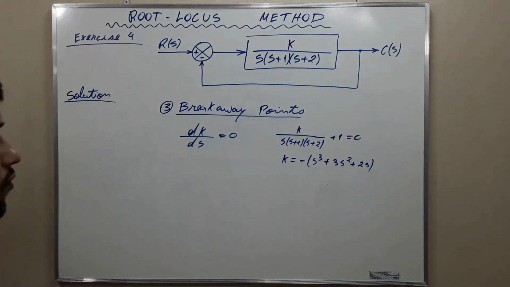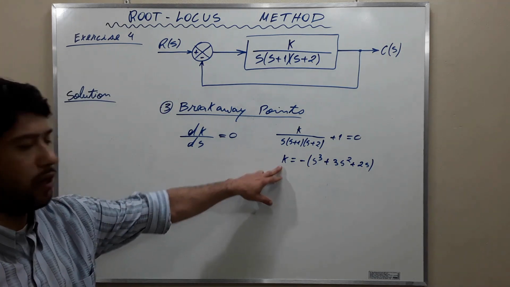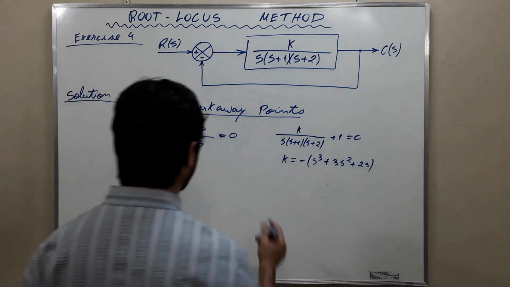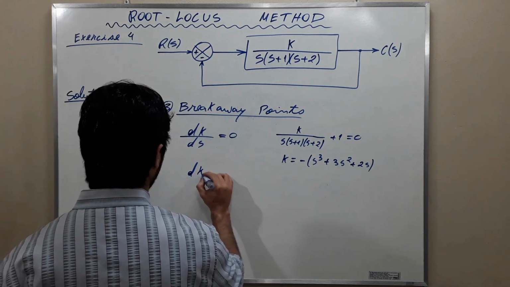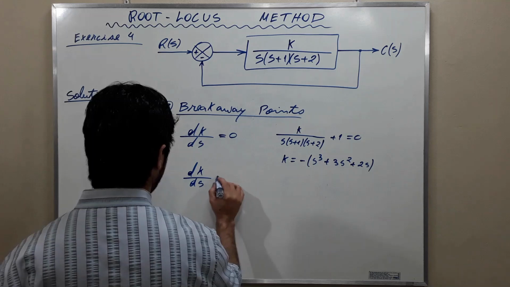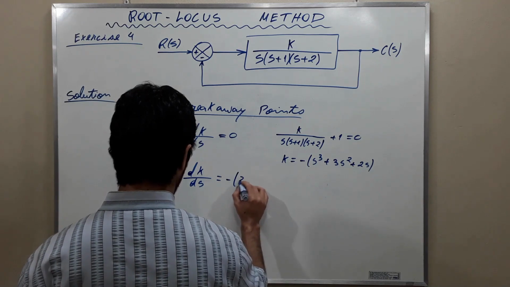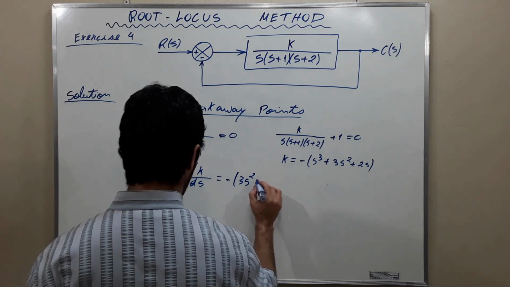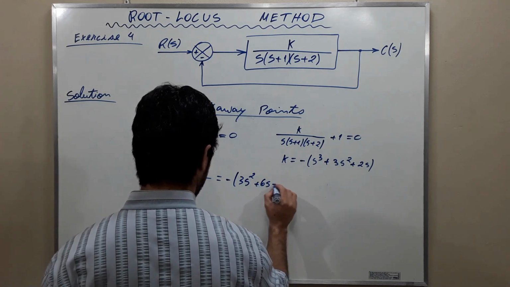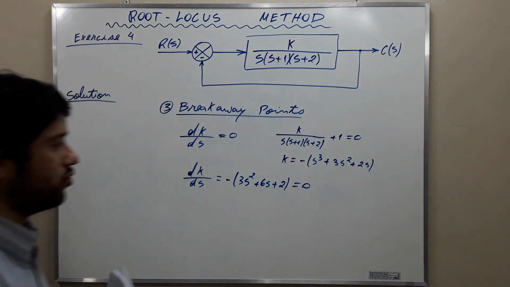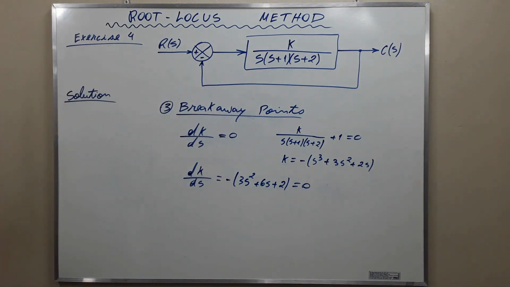And if we differentiate k with respect to s, we get that dk/ds is equal to minus 3s squared plus 6s plus 2, and this has to be equal to 0. All right?